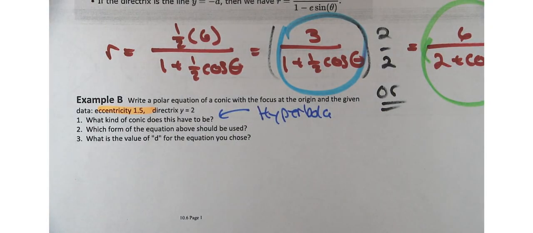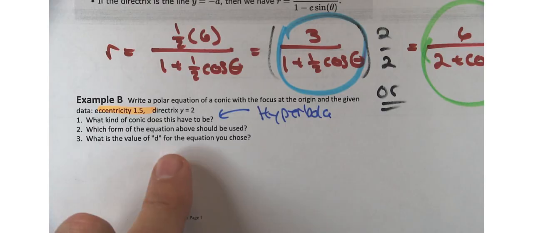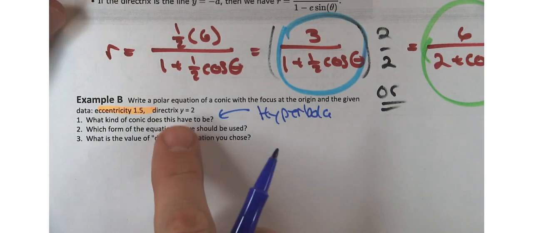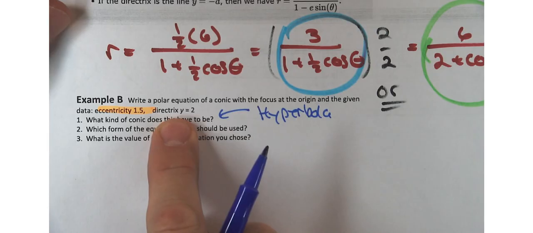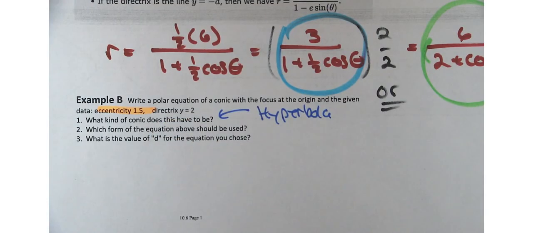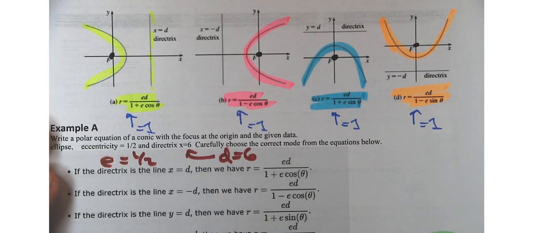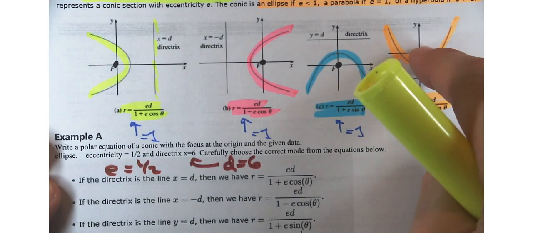Which form of the conic section from up above should we use? Now keep in mind we've got a directrix of y equals a positive 2. What's that line going to look like? Is that going to be horizontal or vertical? Marlon? Y equals 2. Is that graph going to be horizontal or vertical? It's going to be horizontal. Good. All right, so of these 4 forms, we can eliminate 2 of these, right?